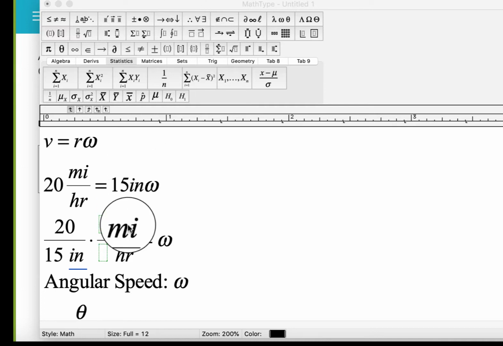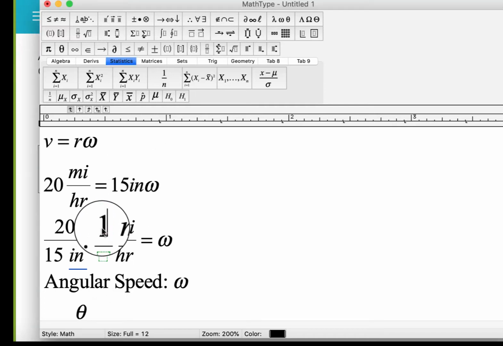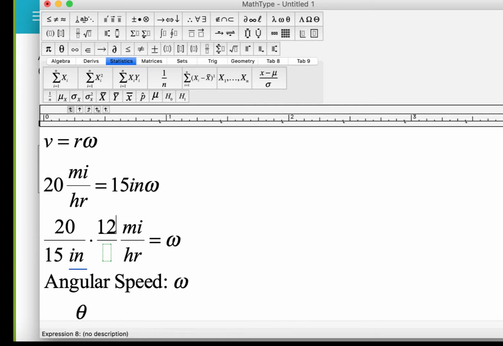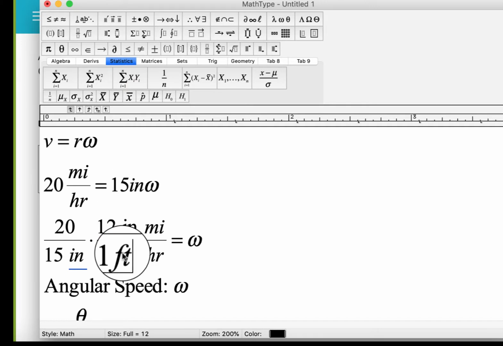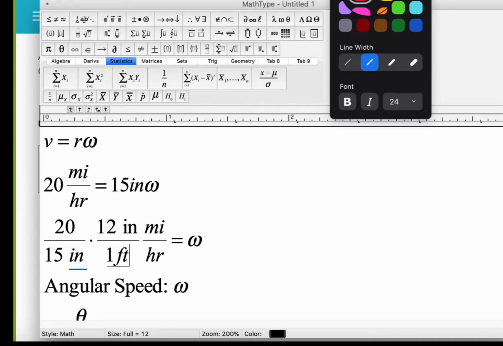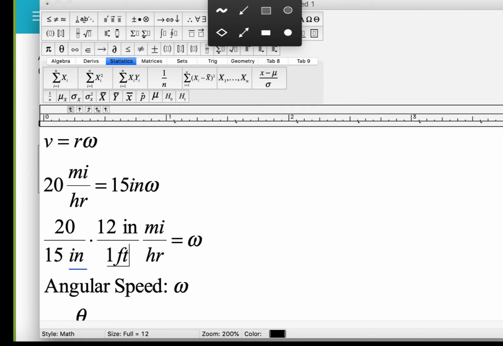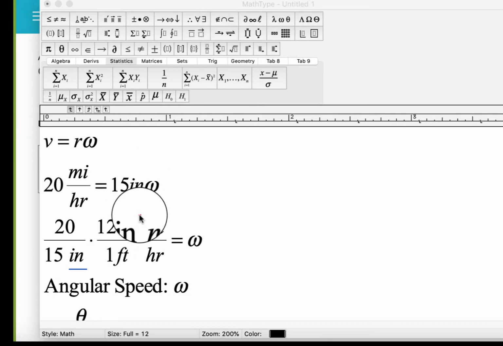So I'm going to put the 12 inches in the numerator, and then 1 foot. So then I can cancel my inches. But now I have miles and feet. That's not going to help me either.